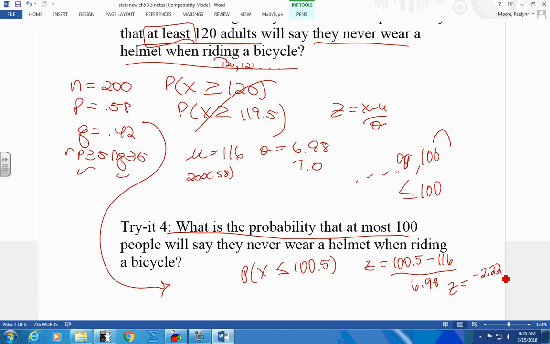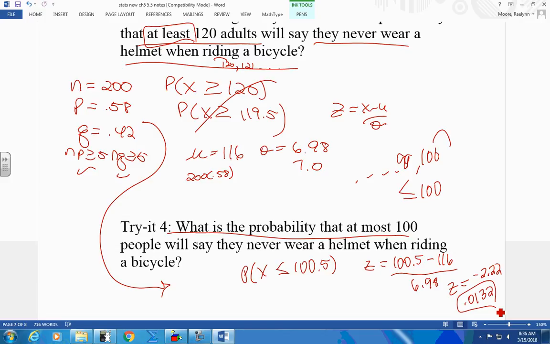You want the area to the left. When you look it up in your table, it is a small area, and it should be. There's like a 1% chance that at most 100 people will say yes. You asked 200 adults. We did at least 120 before, but now we did at most 100. So that's a big difference.